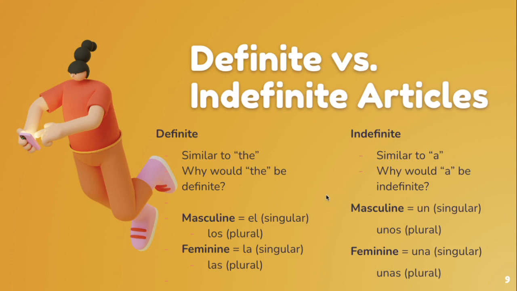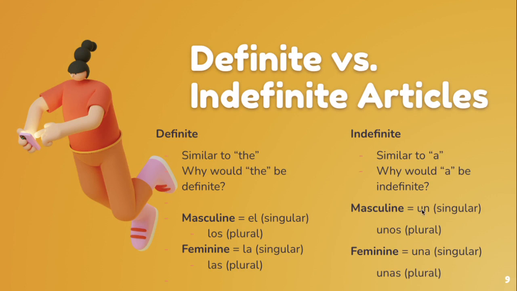Now, as you have el for masculine in definite, in indefinite articles your masculine is un. Your plural of the masculine is unos. So let's say I have a book. That's libro. Un libro, a book. But if I have multiple books, I'm going to say unos libros.